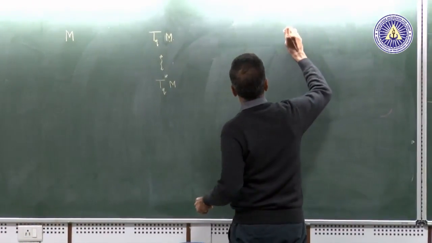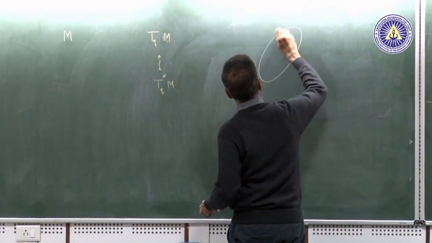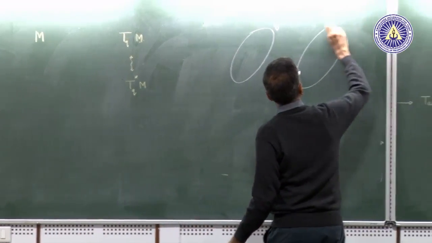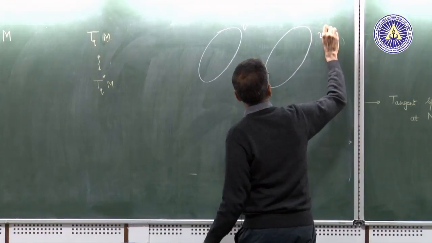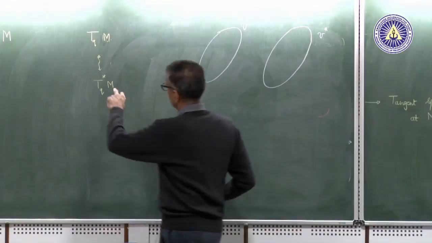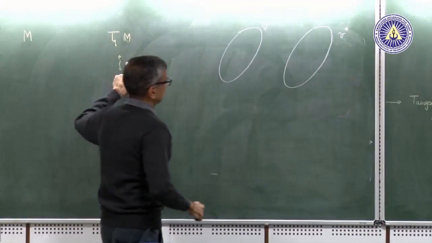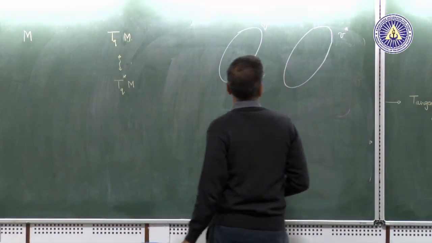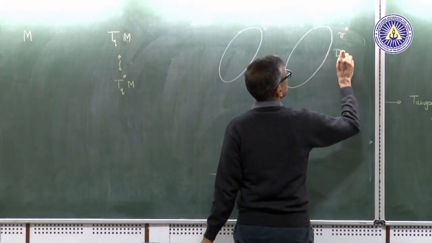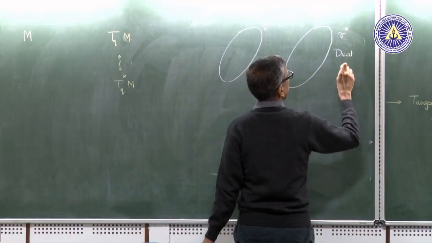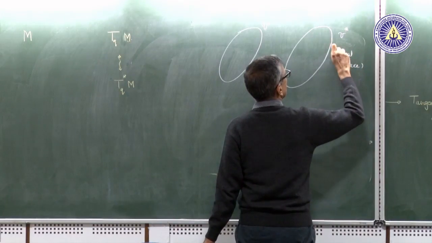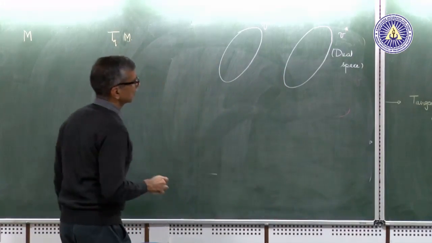So let's take a diversion. This is a vector space V. You have something called V star, I'll use star, I'll explain this later. This is the dual space. What does the dual space consist of?